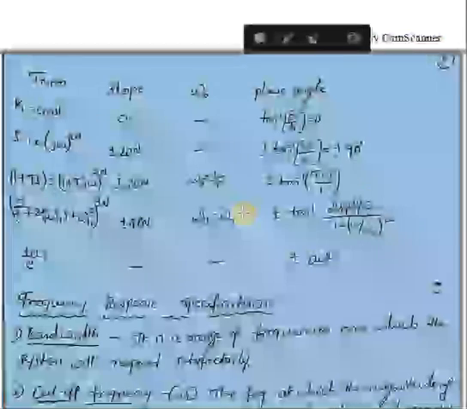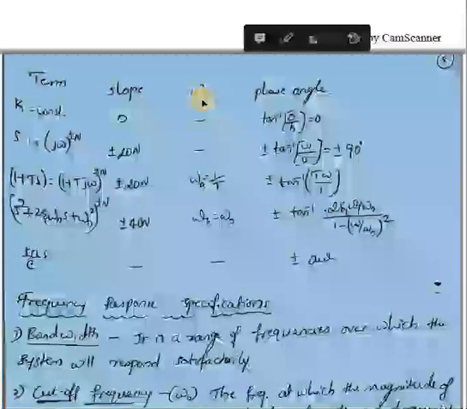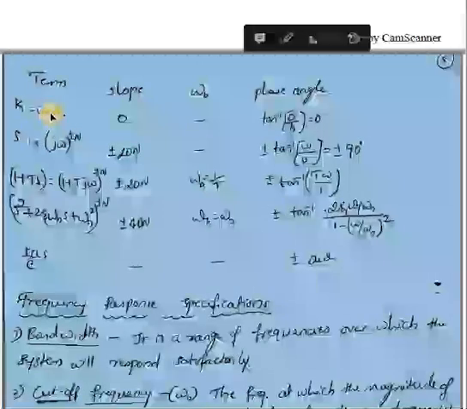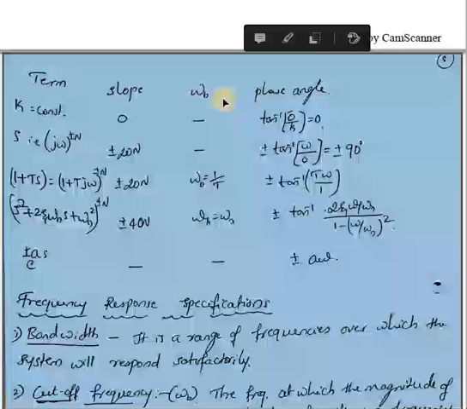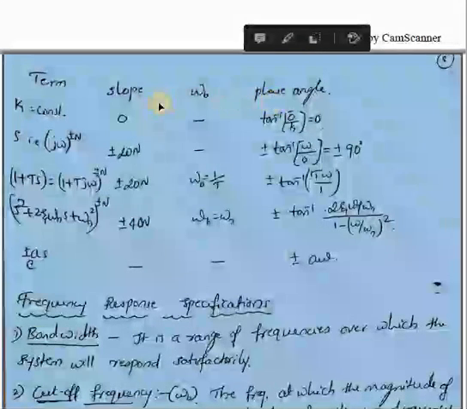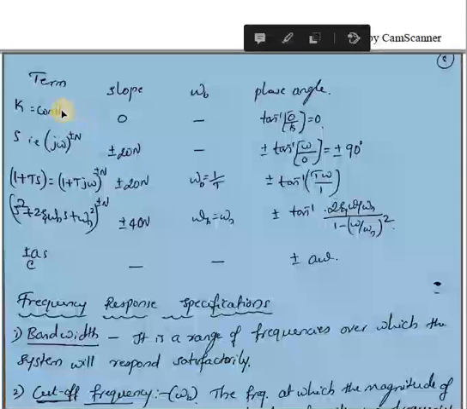So here you need to remember this table. The first column is for the terms, second is for the slope, third is for the break frequency, and the last is for the phase angles. If in the given transfer function you are having a constant, for that the slope will be 0, there will not be any break frequency, and the phase angle will be 0.